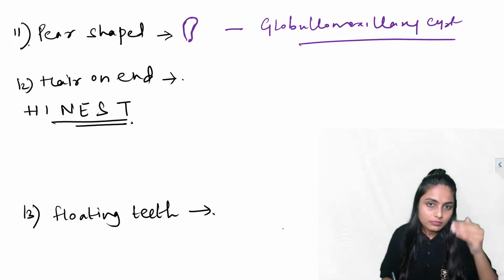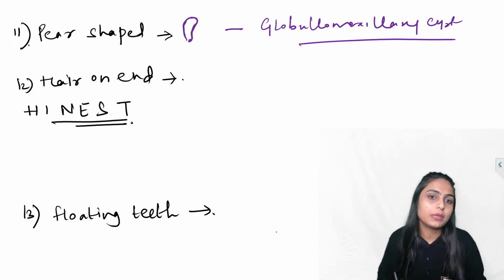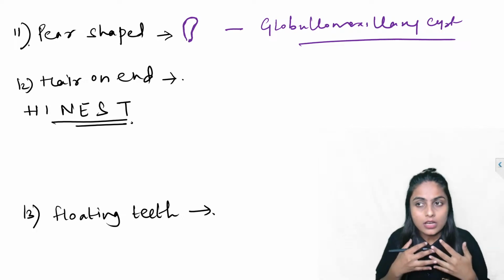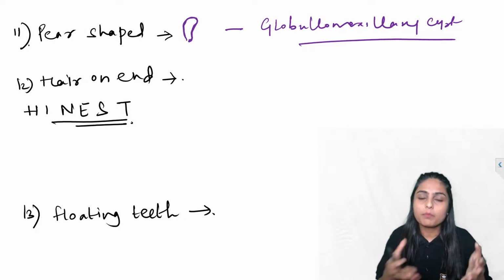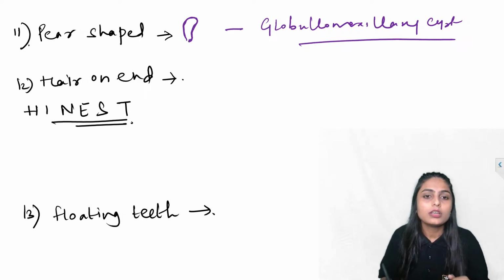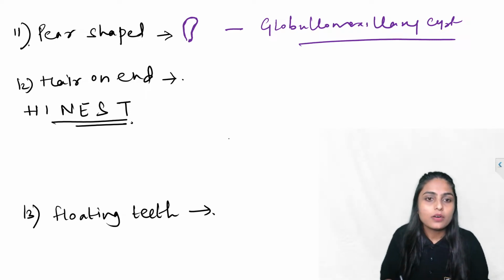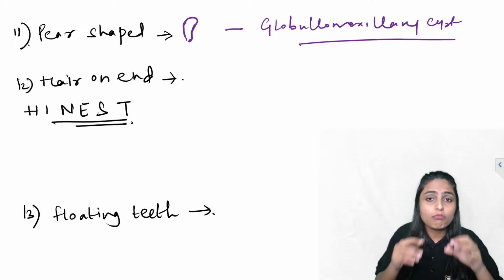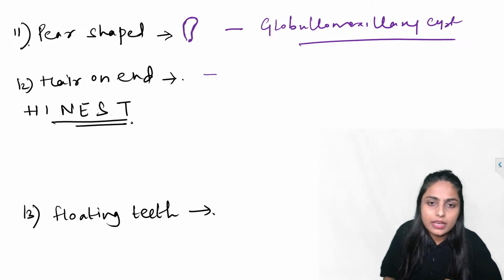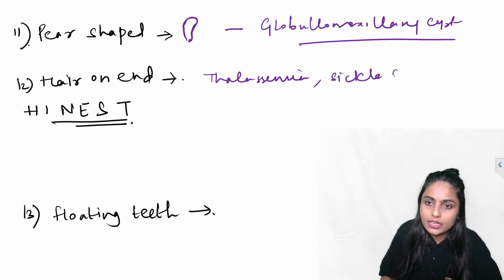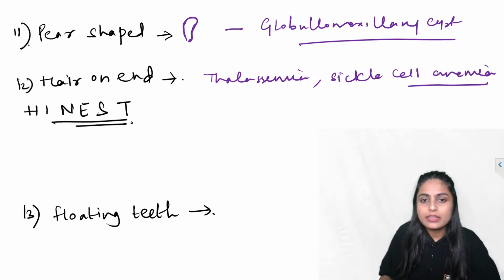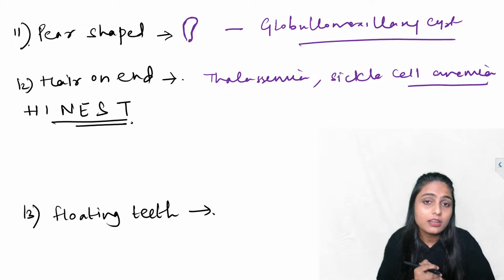All right? Next, hair on end appearance. Hair on end appearance was asked in PYQ 2024, 2023 also. Hair on end appearance is most commonly seen in thalassemia and sickle cell anemia, right?